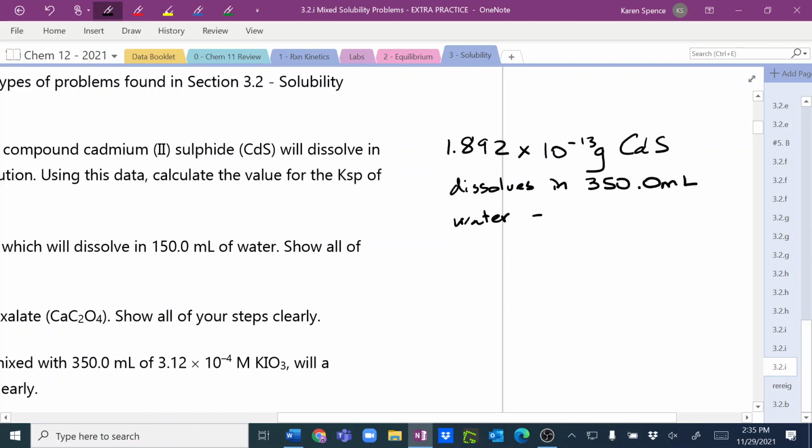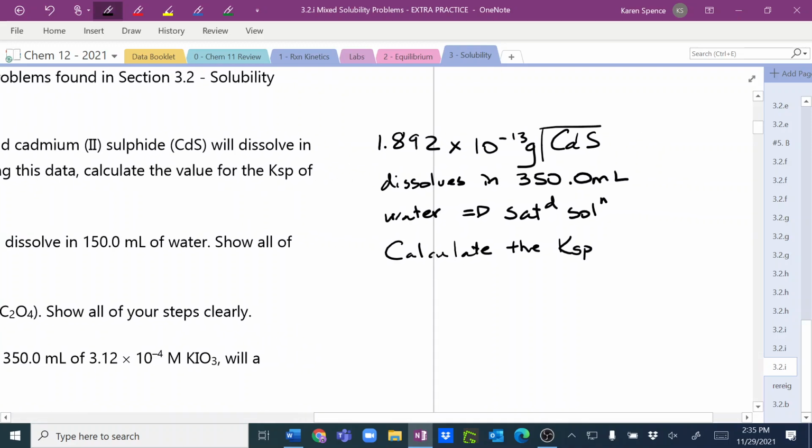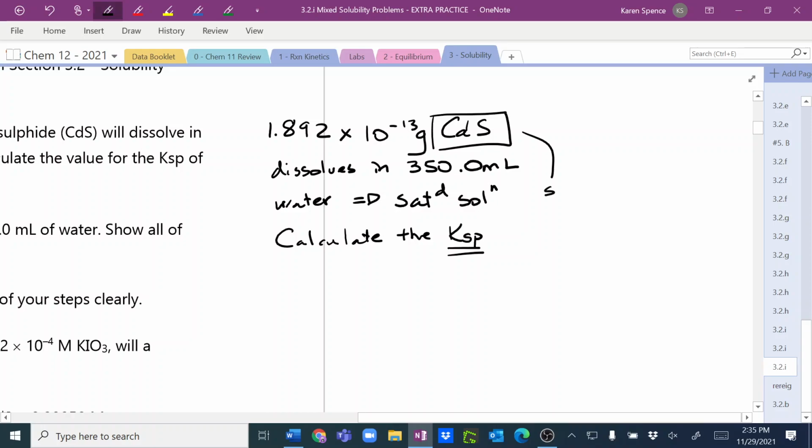And we get a saturated solution. And it says, calculate the Ksp. If you have a single compound and you want to calculate the Ksp, you are going to do that via the solubility.